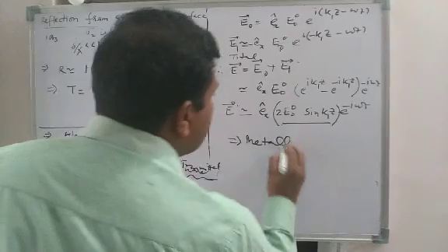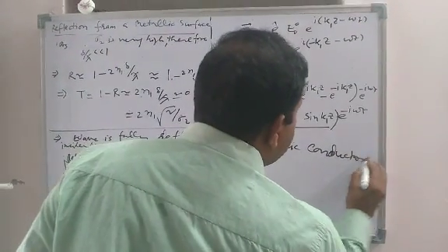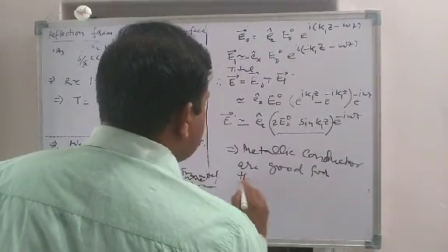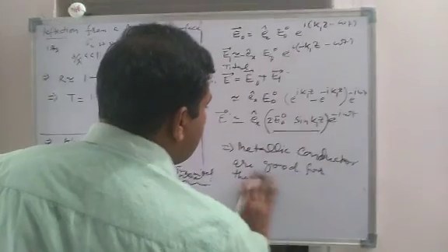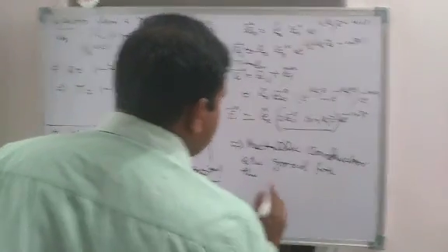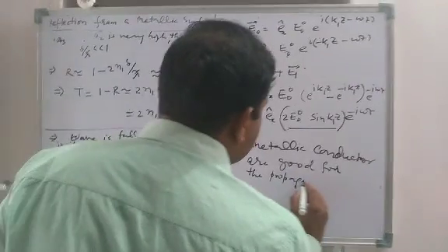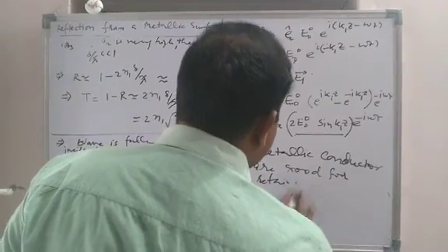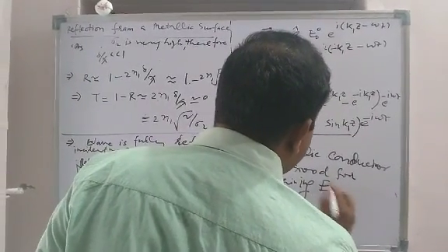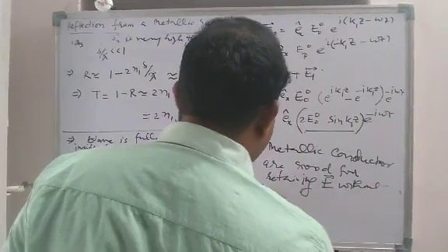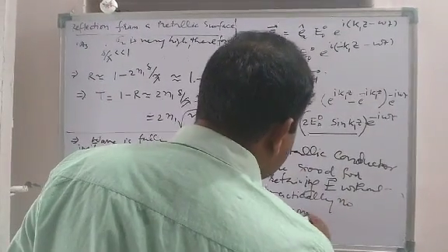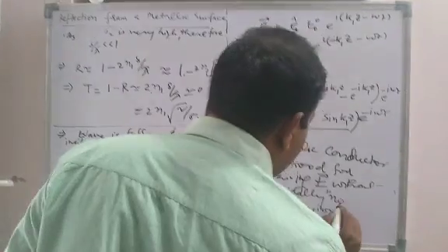So that in fact tells that metallic conductors are good for propagation, for retaining E without practically no transmission. Well, you already know what I mean by no transmission.